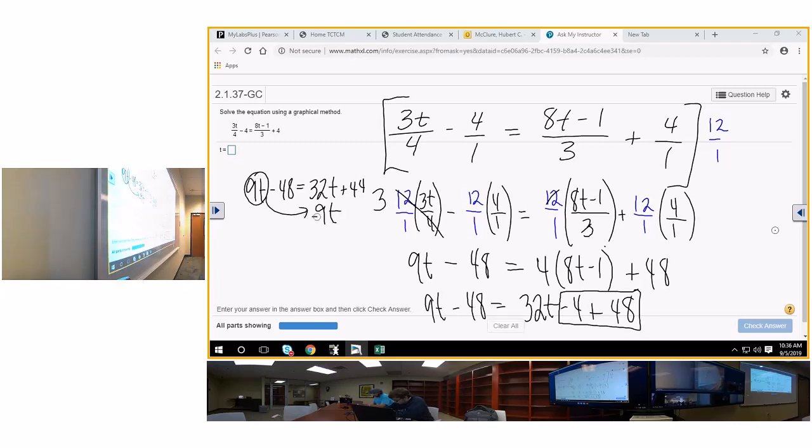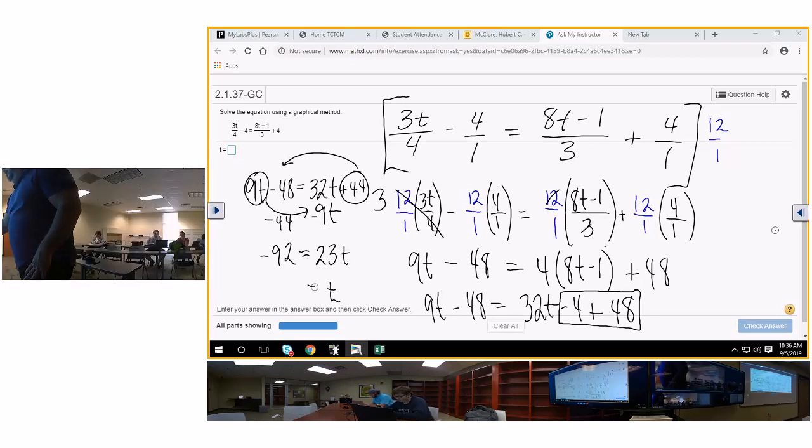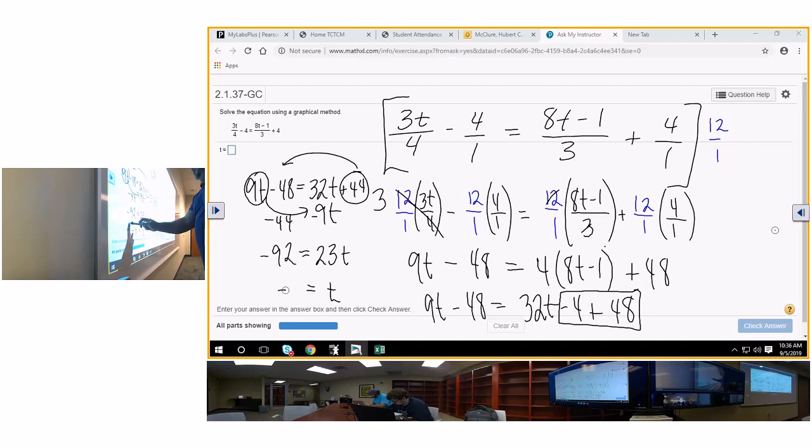And what's 32 minus 9? 23. Yes, sir. 44 comes over. Negative 44. That's negative 92. Somebody check to see if it's 4. Yes, sir. It's 4.